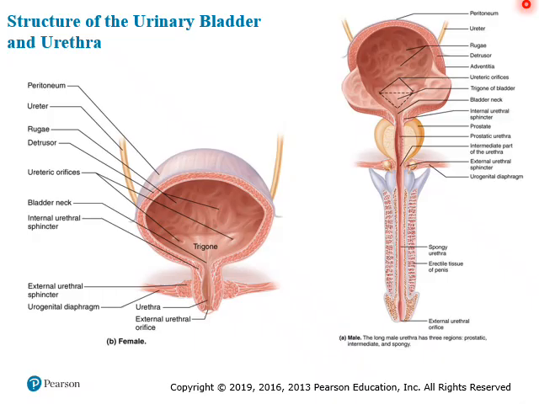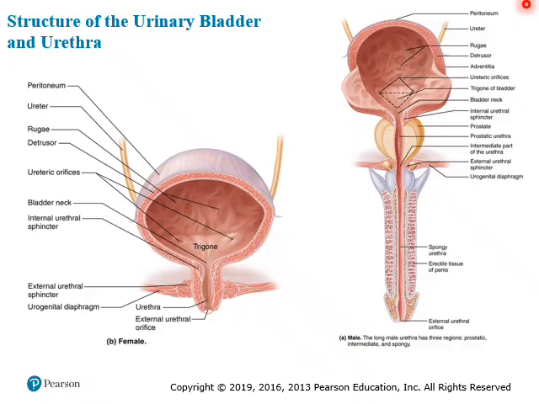If it reaches a certain point that you need to go, it will open. But the external urethral sphincter is voluntary. It's made up of skeletal muscle, and this is the way for us to control when we want to void.